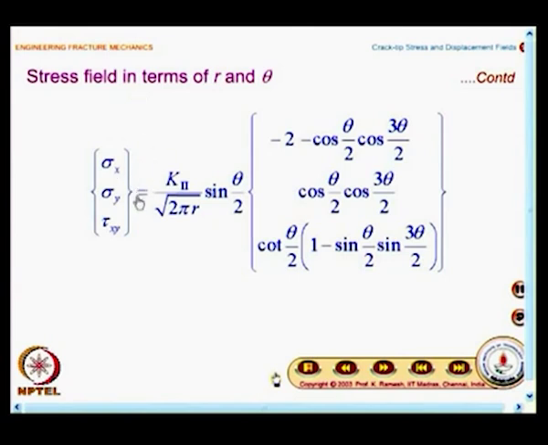So, I have sigma x, sigma y, tau x y, given as K2 divided by root of 2 pi r, sin theta by 2, and you have for sigma x minus 2 minus cos theta by 2 cos 3 theta by 2, for sigma y cos theta by 2 cos 3 theta by 2, for tau x y cot theta by 2 multiplied by 1 minus sin theta by 2 sin 3 theta by 2.